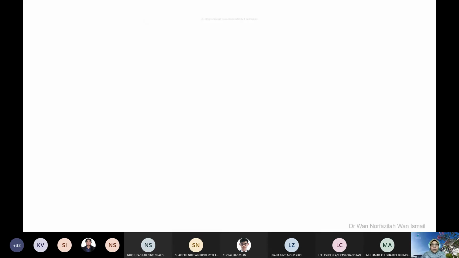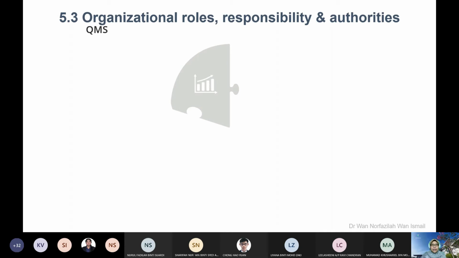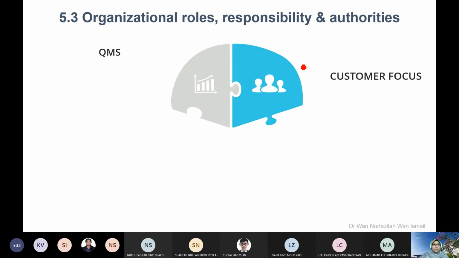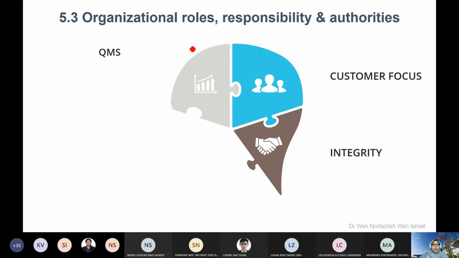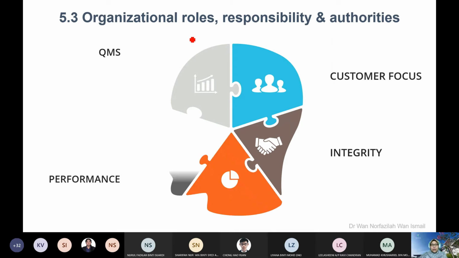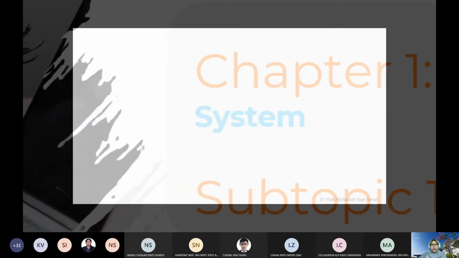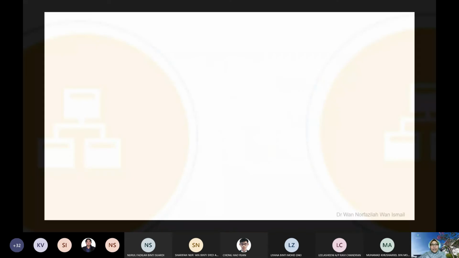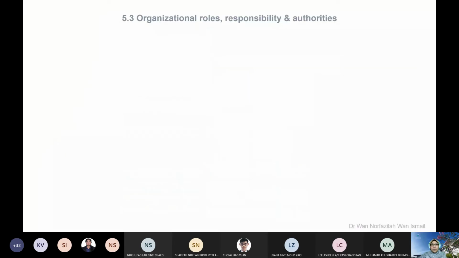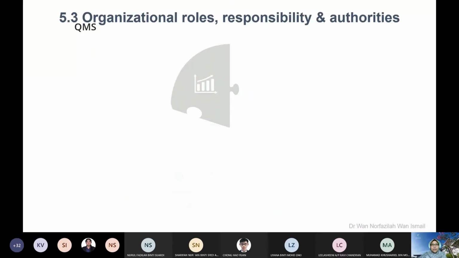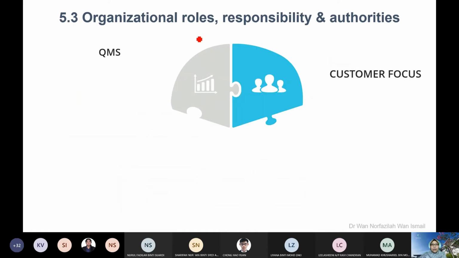Okay, so sorry, this one is under clause 5 leadership. So we are talking about organizational roles, responsibilities, and authorities.